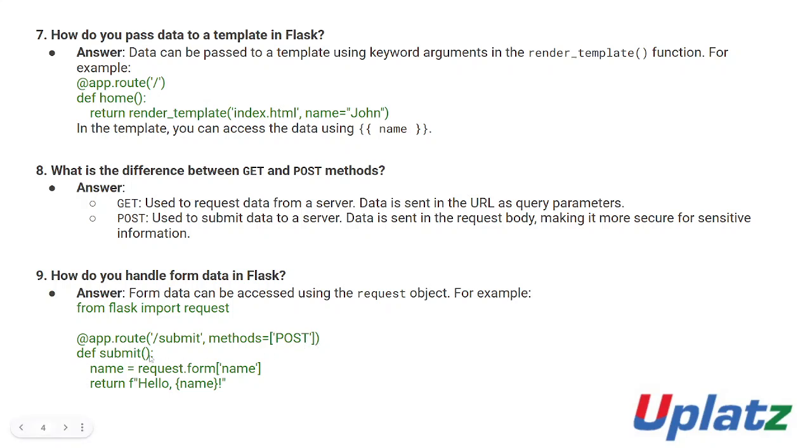Now def submit(): name = request.form['name']. Now return an f-string, 'Hello, {name}'. Here name will be used, the name which is entered in the user field, that is, the form field.